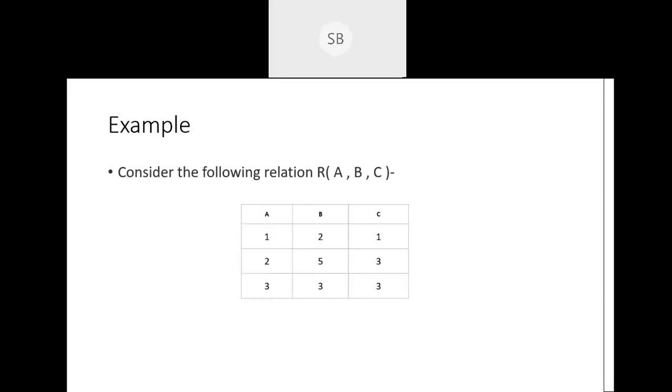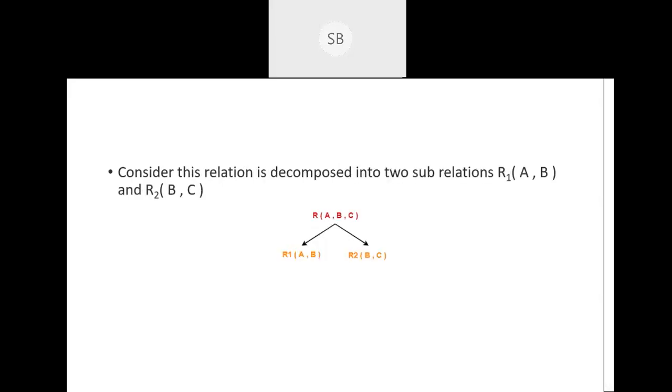Okay. Now, when we decompose the table, that means we break the table. We can break it in this manner, right? Suppose while normalizing the table, we have broken it down into this one. So we have the original table R with attributes A, B, C, which for normalization has been broken down into two tables.